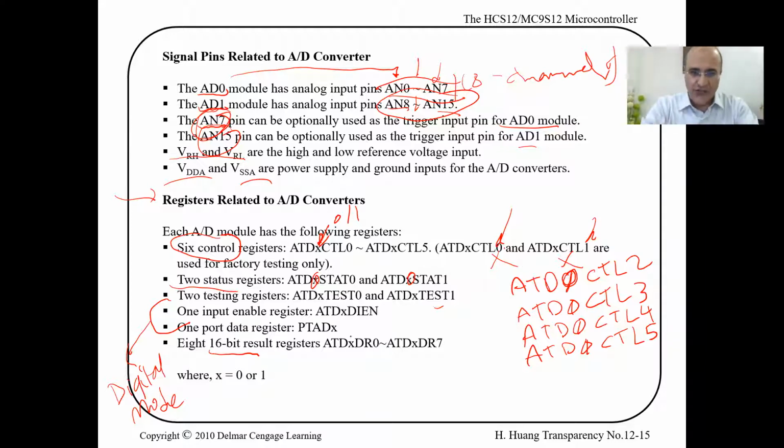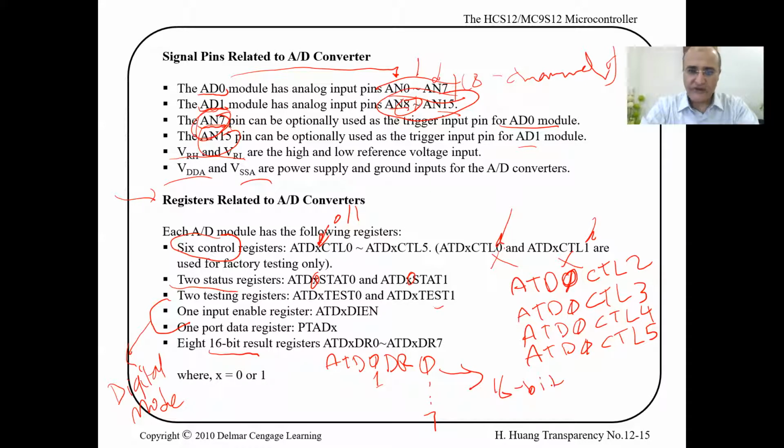So we have A to D 0 data register 0, and this goes up to 7. Okay. If we want to talk about 8 up to 15, we make this a 1, then 0 up to 7. Each of these is a 16-bit register.